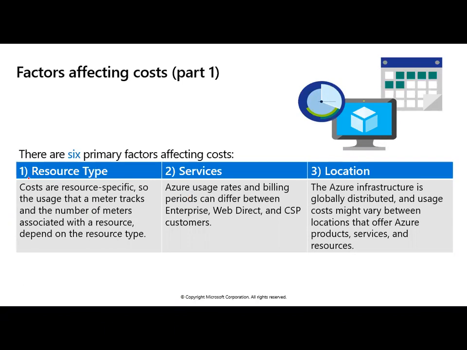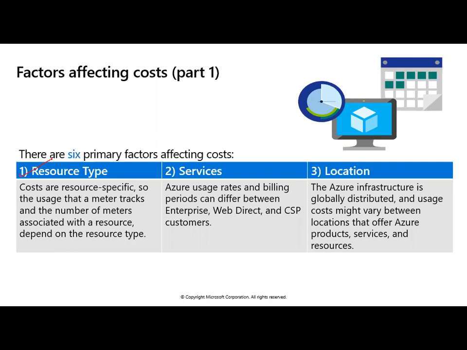Number one is the resource type. What kind of resource you are using is going to define the cost. Your costs are resource specific. If you are going to use a SQL database, it might incur comparatively lesser cost than if you use a Cosmos DB database.